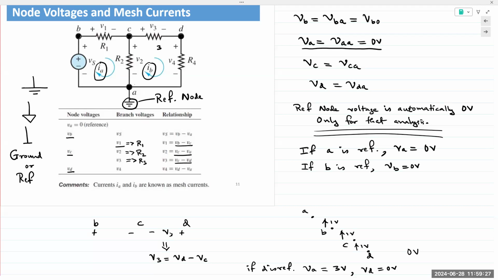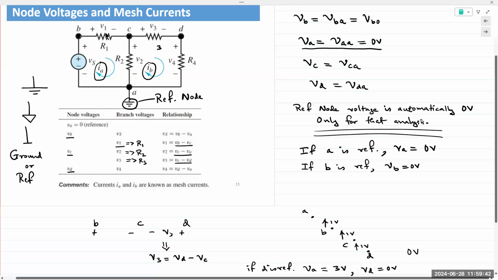And it's an assumption on the part of the student or the engineer. So mesh currents, again, are not real, they're hypothetical. And the reason is, if you look at R2, we have IA coming down and we have IB going up.